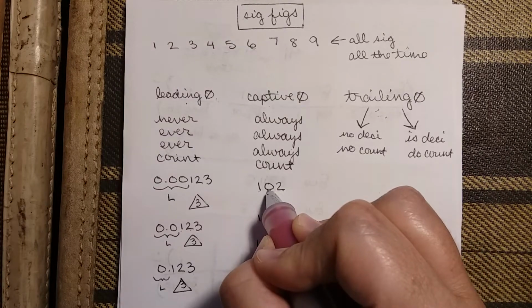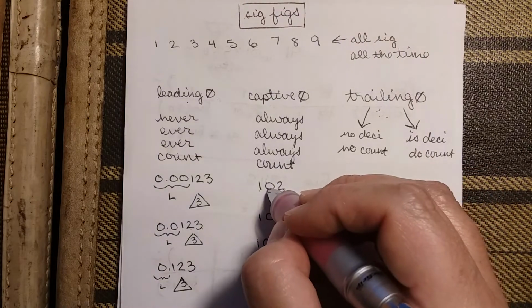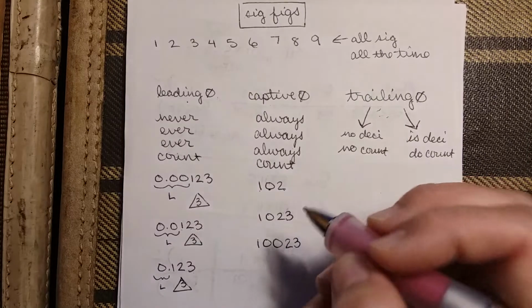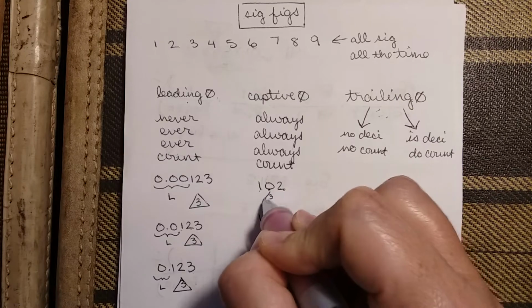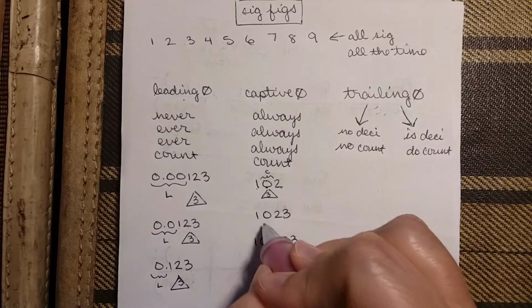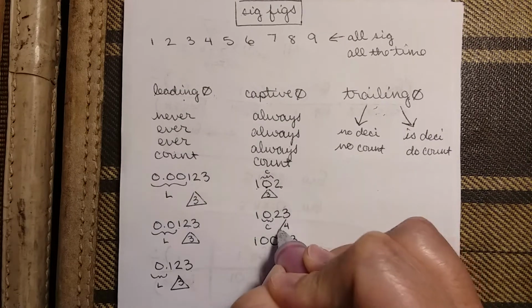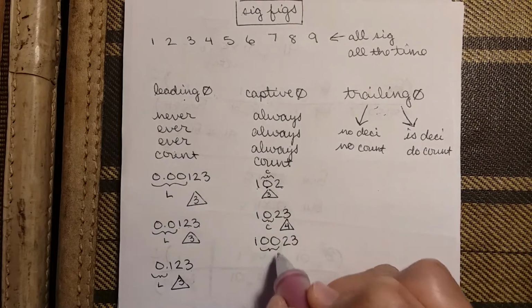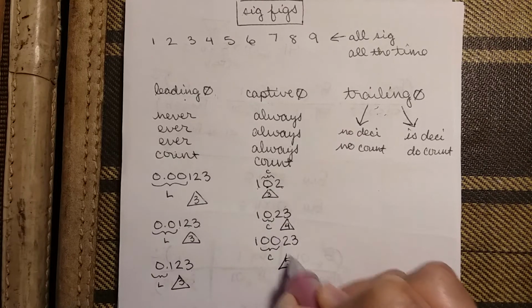They're not letting this guy escape, so he gets counted. You know how you have to make sure that all the prisoners are counted in prison, or at least from what I've seen of movies? So 1, 2, 3. 3 sig figs. This guy is captive, so that's 4 sig figs. These 2 guys are captive, so that is 5 sig figs.